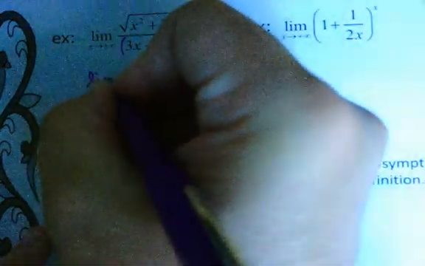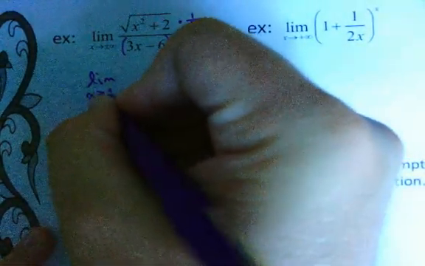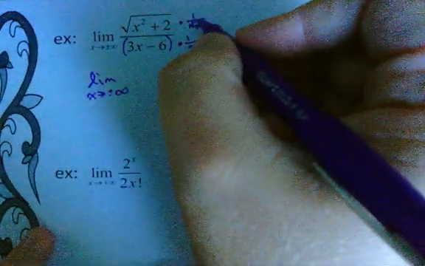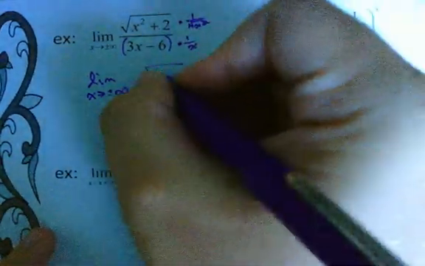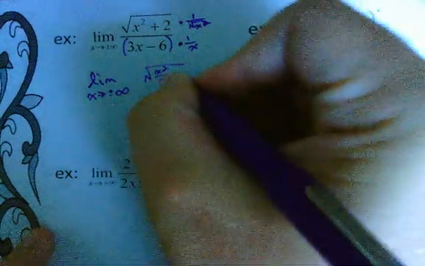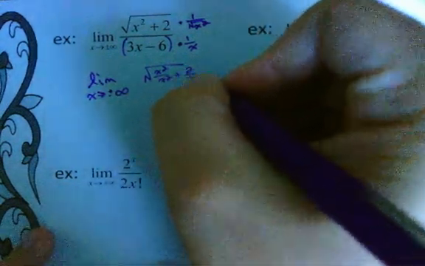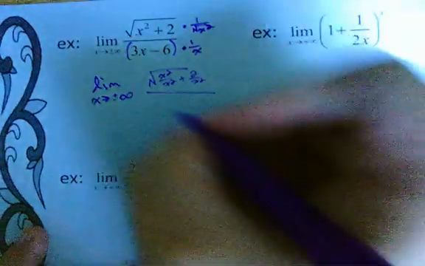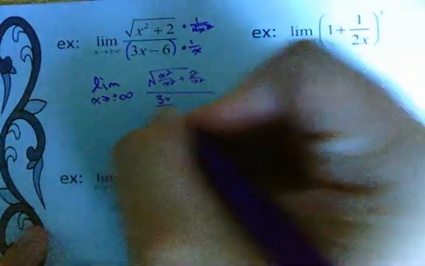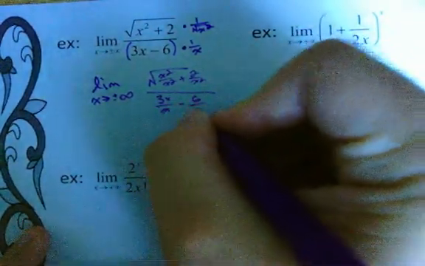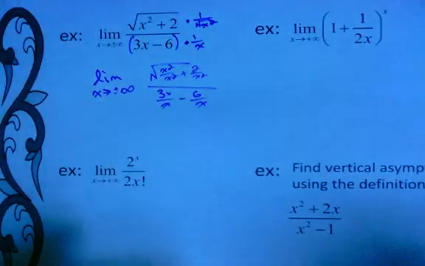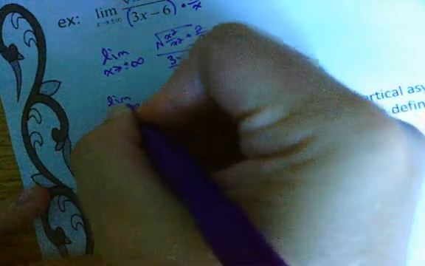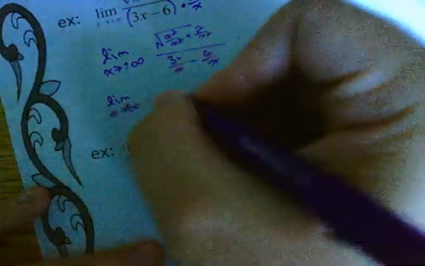What this enables us to do is push that in there. The top is going to be x squared over x squared plus 2 over x squared, all over 3x over x minus 6 over x. Now cancel what you can with some of those x's, so plus or minus infinity.